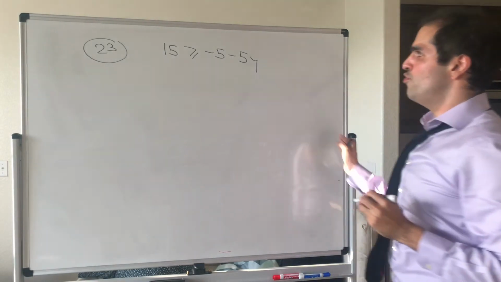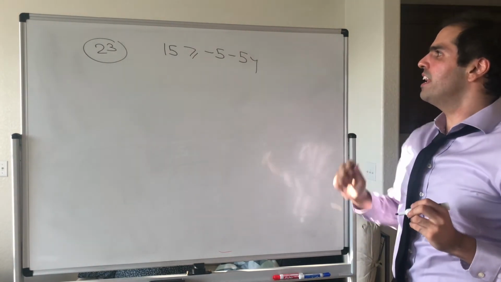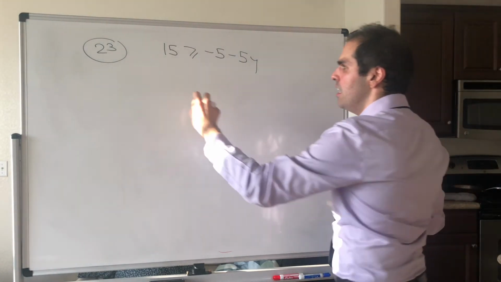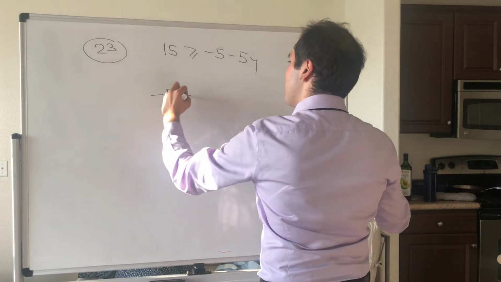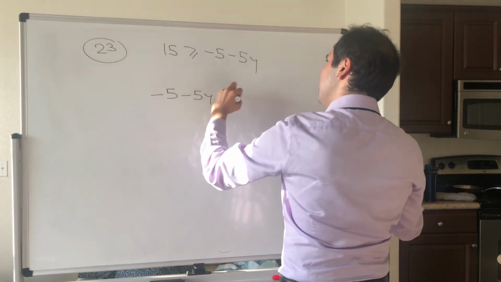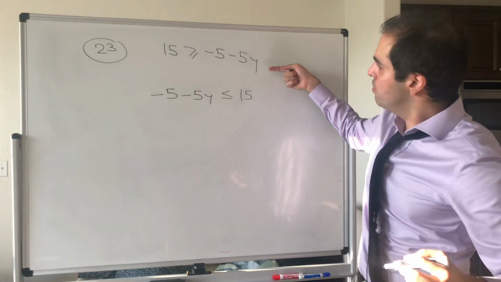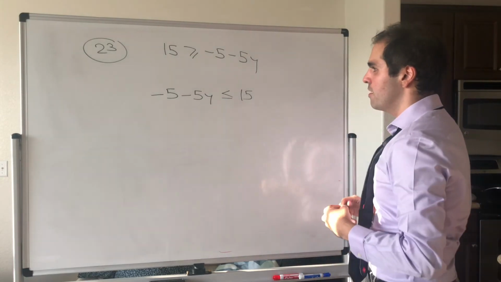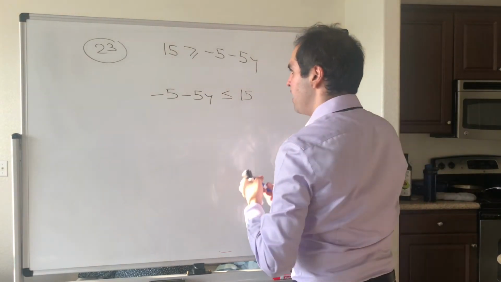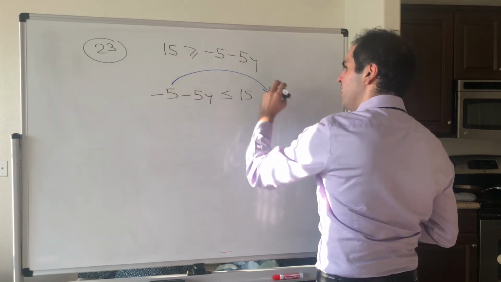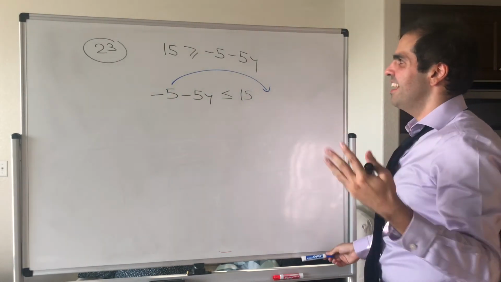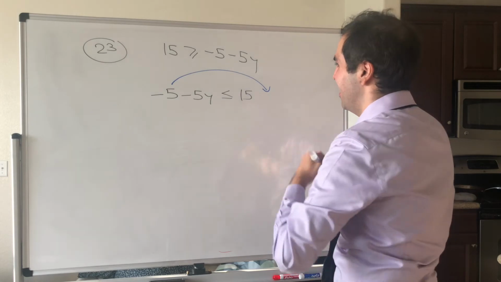In this case, 15 is greater than or equal to minus 5 minus 5y. That's the same thing as minus 5 minus 5y is less than or equal to 15, if you read it from right to left. And then let's put the minus 5 on the other side. Like Adele says, hello from the other side.